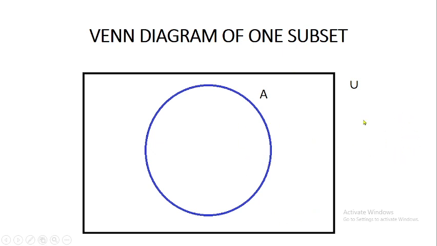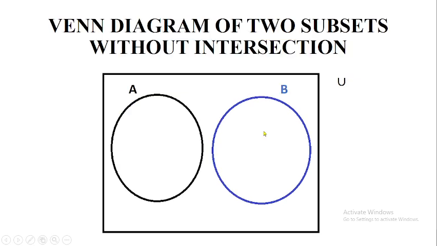That means the elements of set C will not be inside the universal set either. So set A here is a subset of the universal set, because the circle which represents set A is inside the rectangular box which represents the universal set. If that is well understood, let's continue.